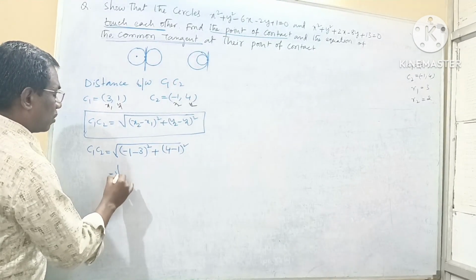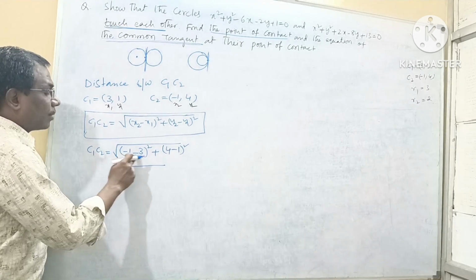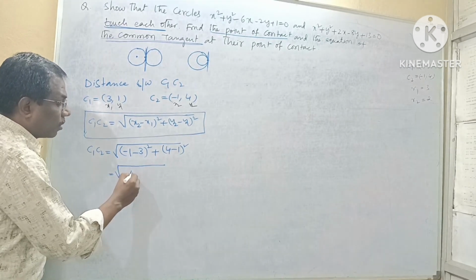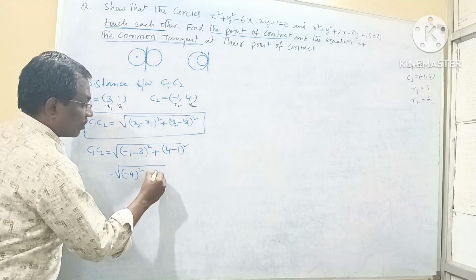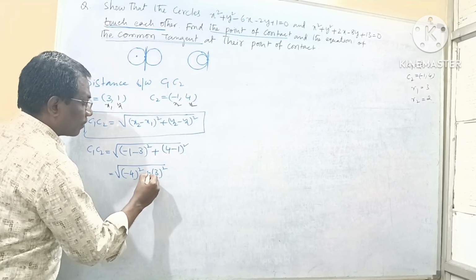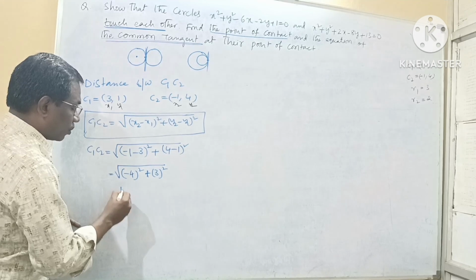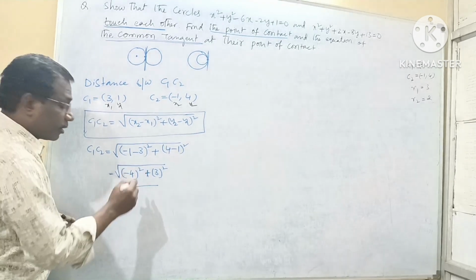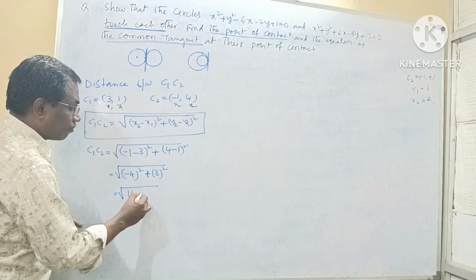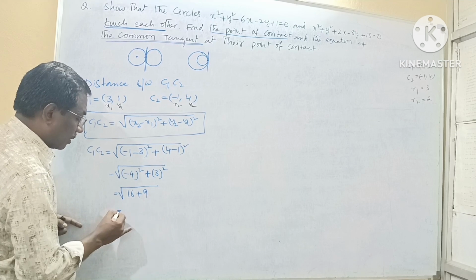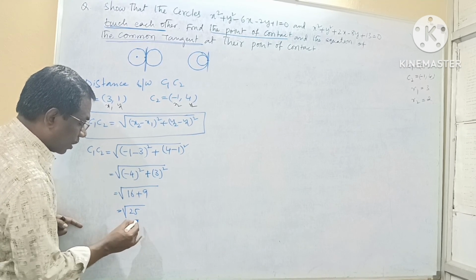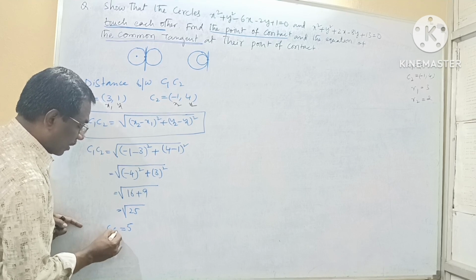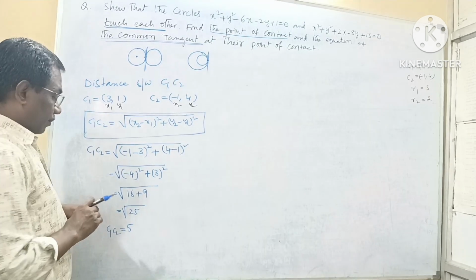That is under root of (minus 1 minus 3 is minus 4) whole square plus (4 minus 1 is 3) whole square. So it is under root of minus 4 whole square is 16 plus 3 square is 9. 16 plus 9 is 25. Square root of 25 is 5. C1C2 is equal to 5.